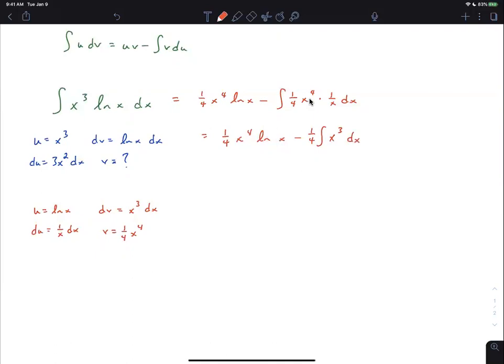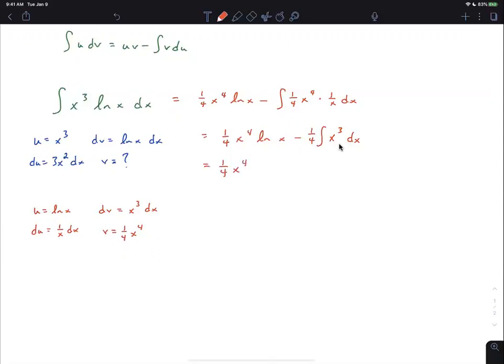And now, why is that going to work? So what do we now do you guys think? We know what the antiderivative of x to the 3rd is. We know it's 1/4 x to the 4th. So we get another 1/4 in there.